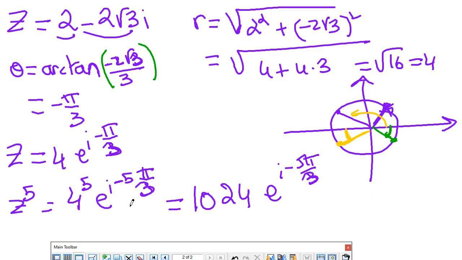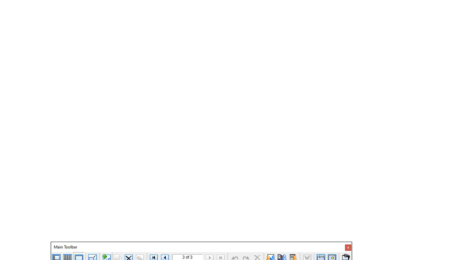Now let's do another example related also to this theorem.